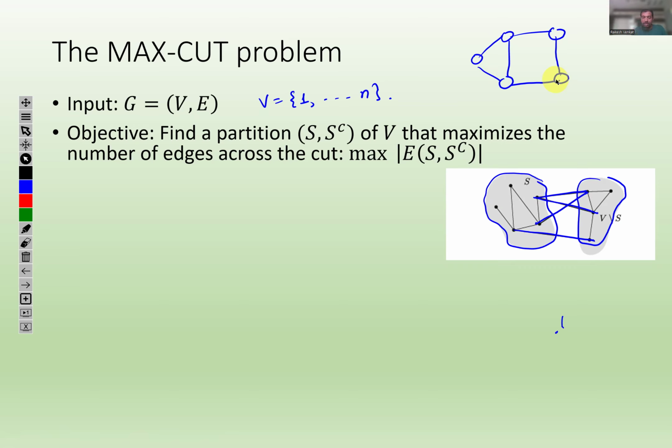So this is a graph. It has 4, 5, 6 edges. Can someone tell me what is the maximum cut value in this graph?